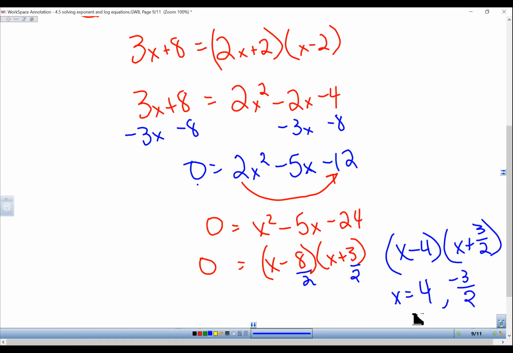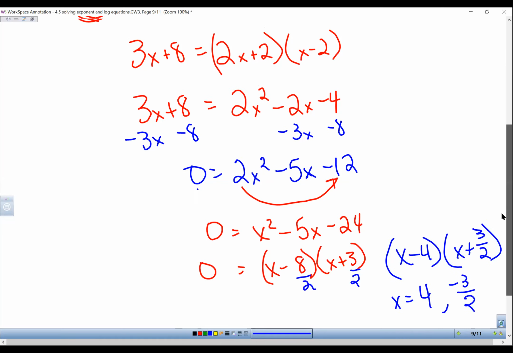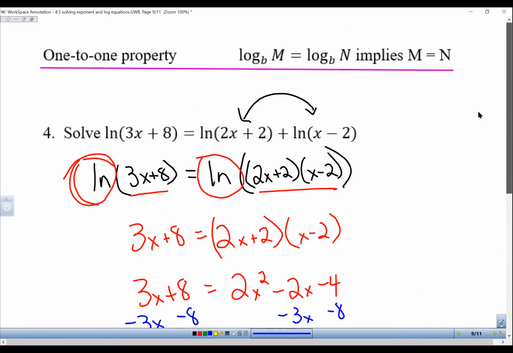So remember, make sure you go back and check these. If I put 4 and negative 3 over 2 into any one of these, I think the only one I got to worry about is this last one. 4 minus 2 is positive 2, so 4 is okay. But if I put negative 3 over 2 in this last one, negative 3 over 2 minus 2 is a bigger negative number.